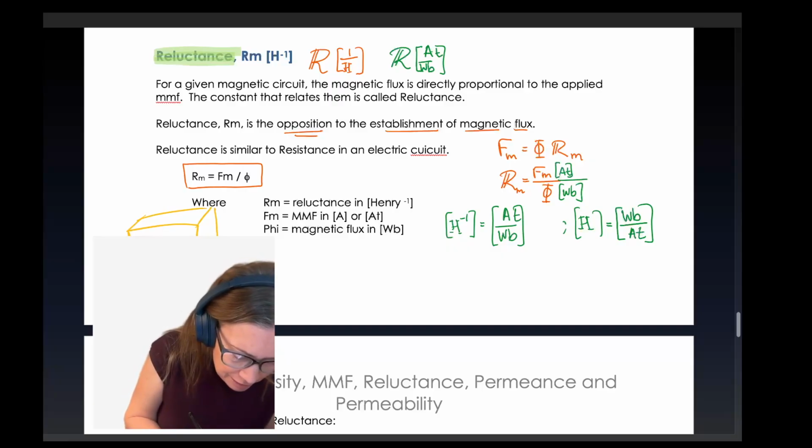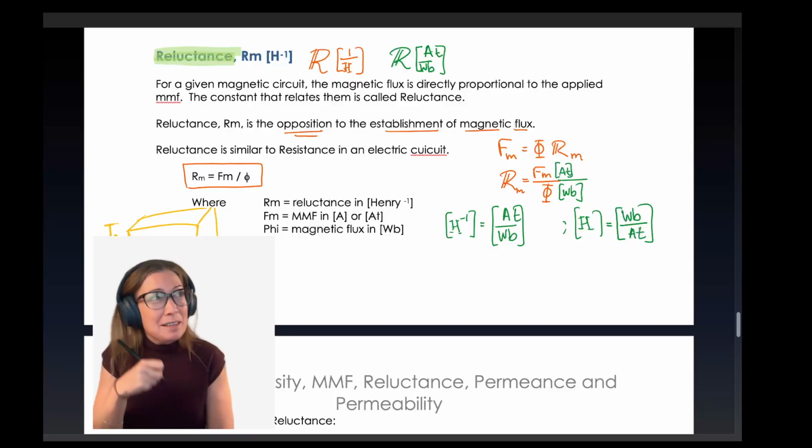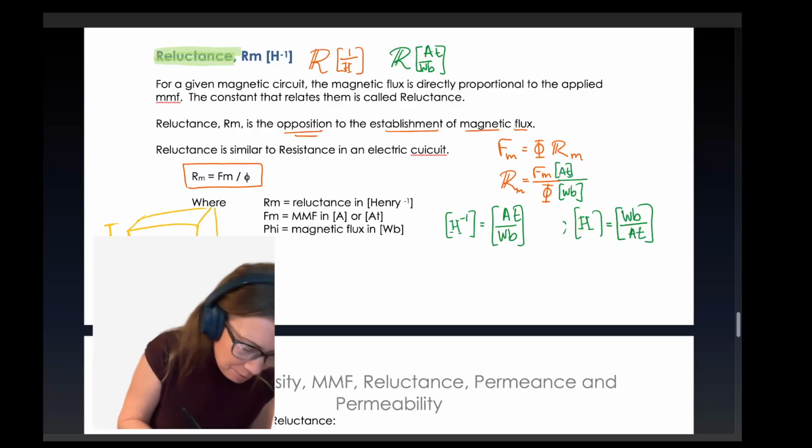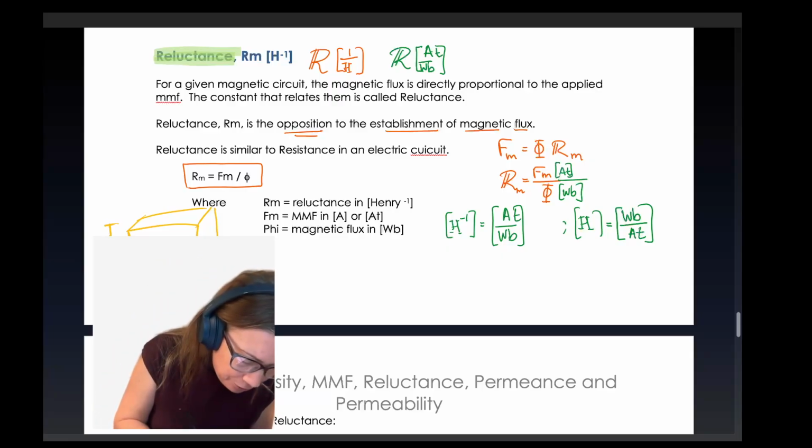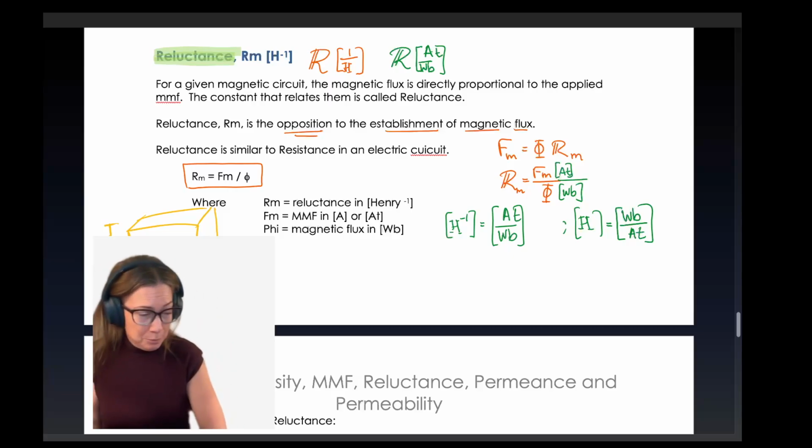And then there are these coils wrapped around, and these coils have current running through them. If these coils have current running through them, they are going to establish a magnetic force, Fm, inside there, which is going to be equal to that current times the number of coils being wrapped around.